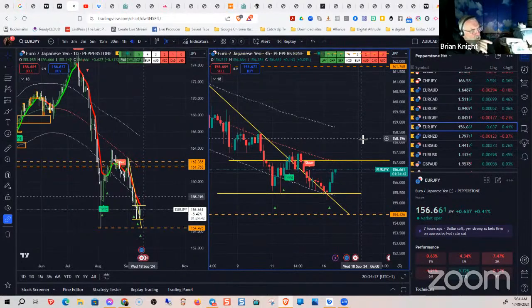I think that there's more. I think the Japanese news has got more weight in it than what that Euro news will be. It may push it around, but I think that the Japanese news, the inflation and the interest rate stuff, is what will make a lot of the movement.